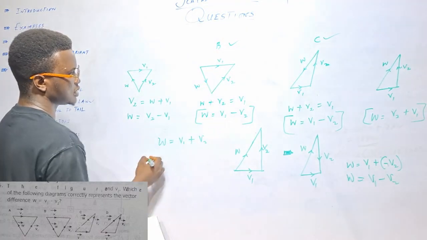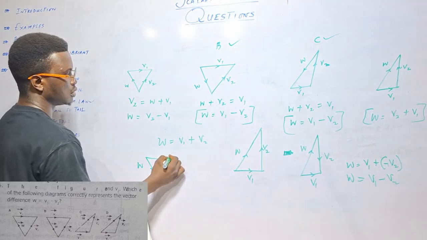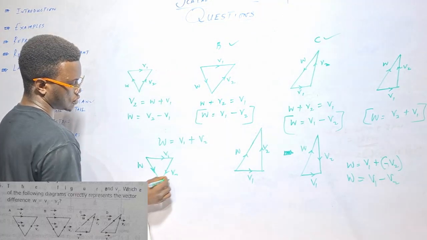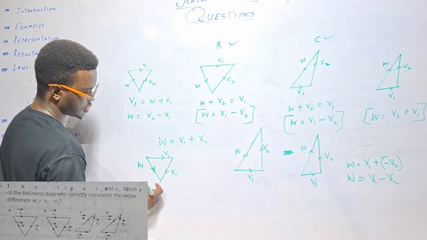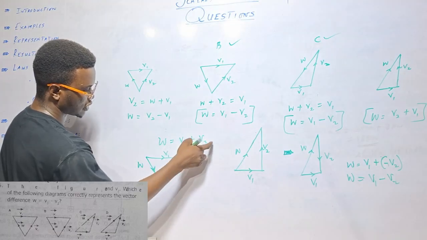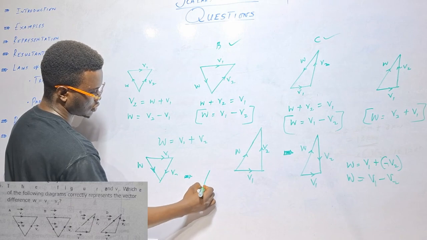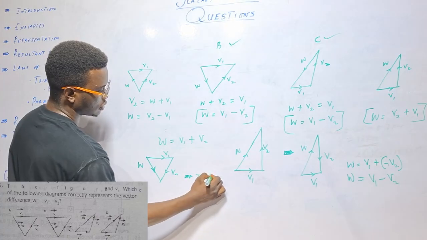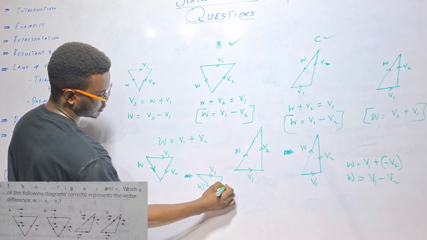If I say that this is W, then V1, and this is V2. So if I'm giving you this now, this is saying that W is equal to V1 plus V2. So if I want to change it, I can change it to W, V1 and V2.